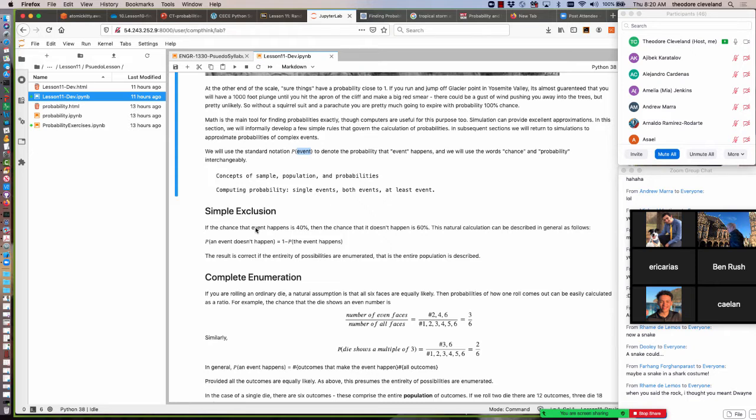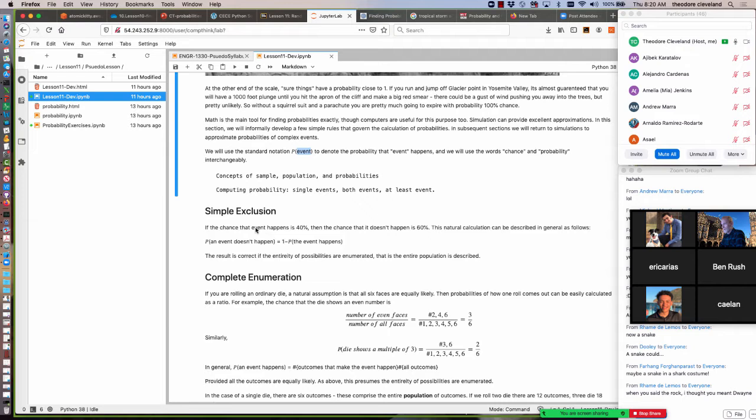If the probability that it happens is 40%, by the definition of probabilities, the probabilities must range between 0 and 1. If the entire remainder of the universe is the event doesn't happen, that has to be 60%. They have to add up to 1. And so that natural calculation can be described as the probability of not happening is 1 minus the probability of happening. And we're going to leverage that shortly.